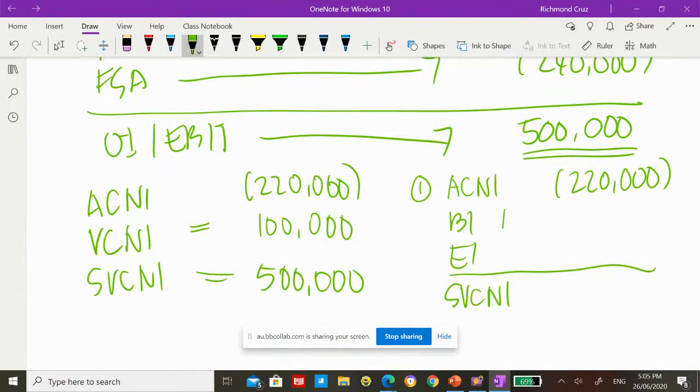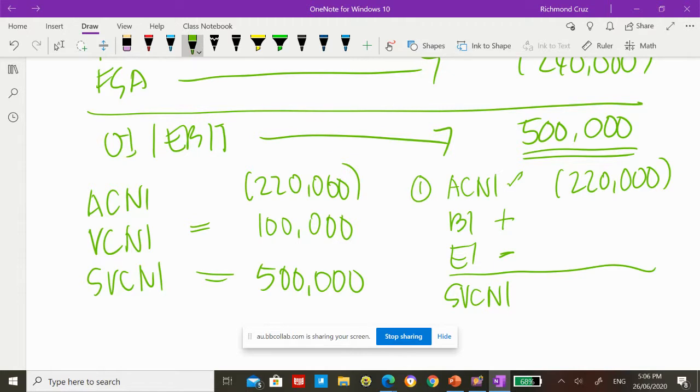Remember, we add the beginning inventory and deduct the ending inventory from absorption costing to super variable. But from super variable costing to absorption costing, we change the sign: add the ending inventory minus the beginning inventory, so that we arrive at the absorption costing net income.